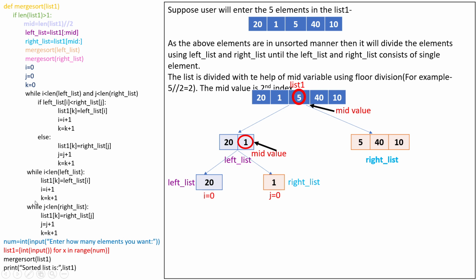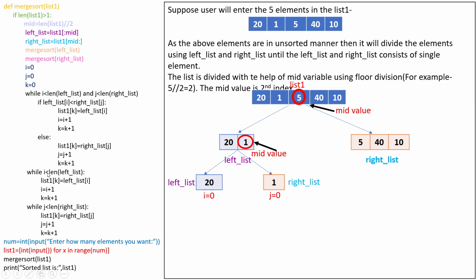Now over here it will increment the value of I. I is equal to I plus 1. I initially has the value 0. 0 plus 1, I becomes 1. K is equal to K plus 1. K was already incremented by 1 in the else part. Now 1 plus 1, it becomes 2. K is equal to 2.